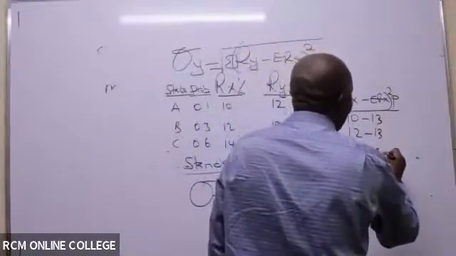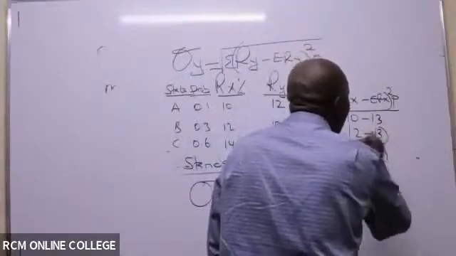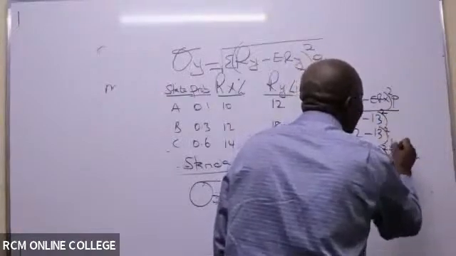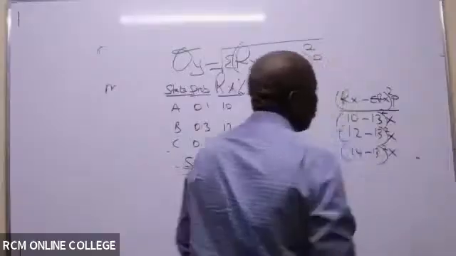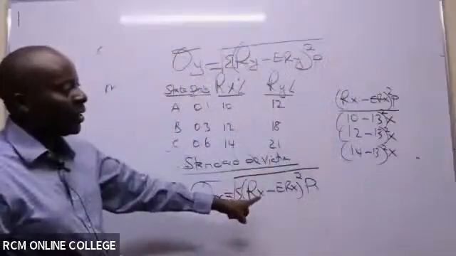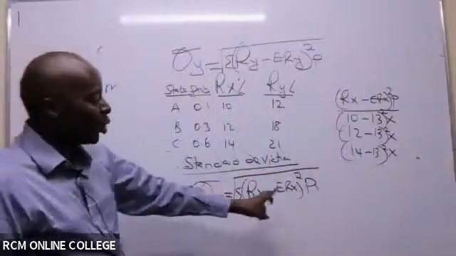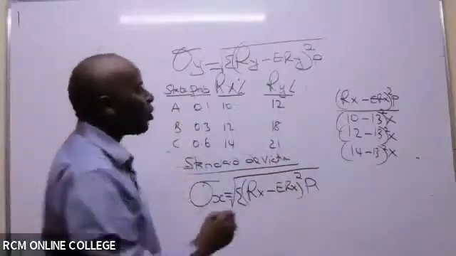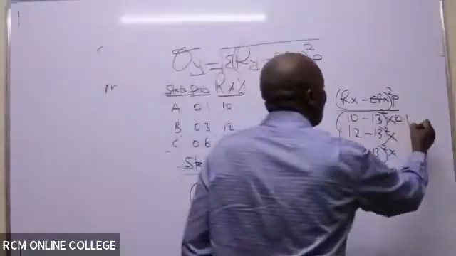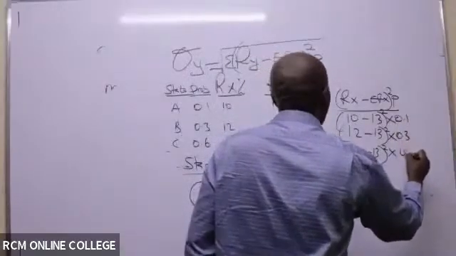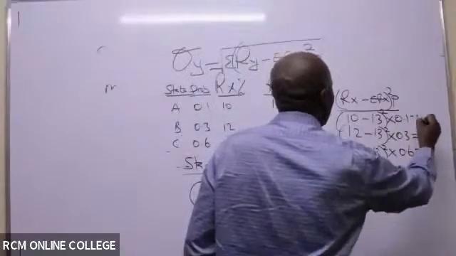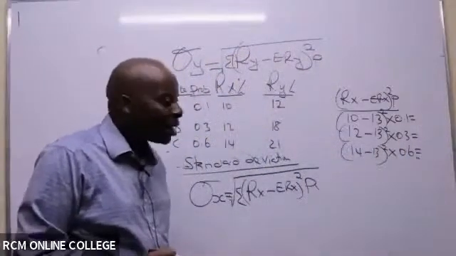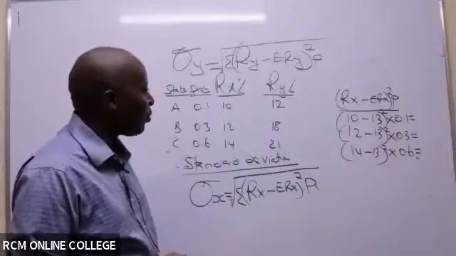So 13, 13, 13. Then you come and square them. You square them pole pole, kama ninja. Unafuata formula. And then the next thing they want you is to go and pick the probability corresponding to these ones. So the corresponding probabilities, we have 0.1, 0.3, and then 0.6.